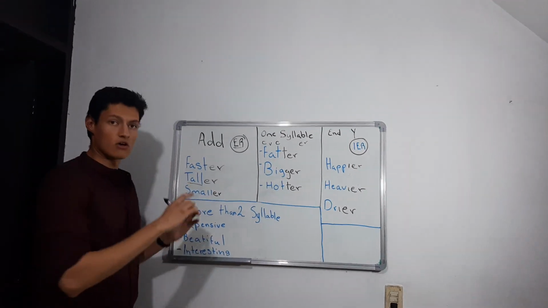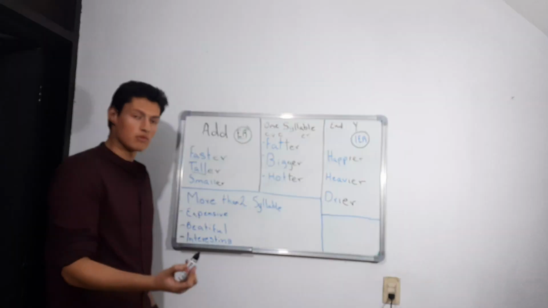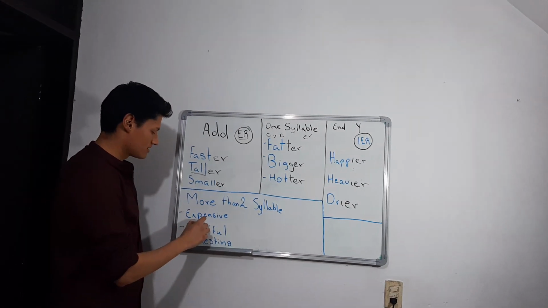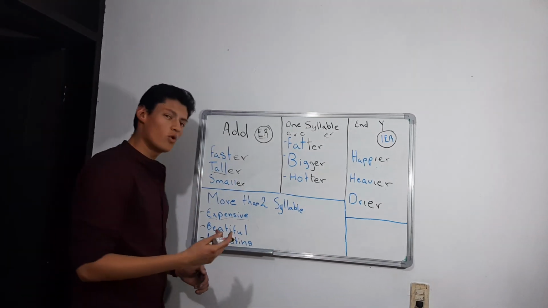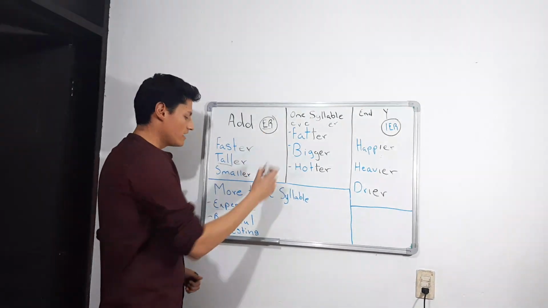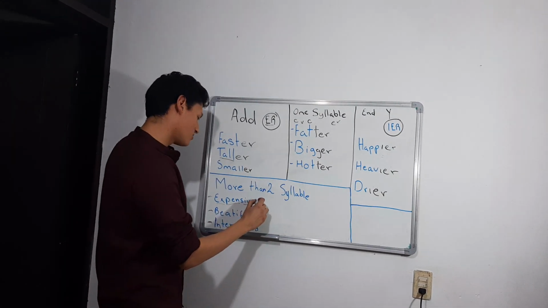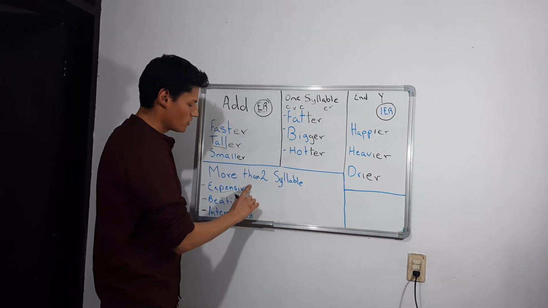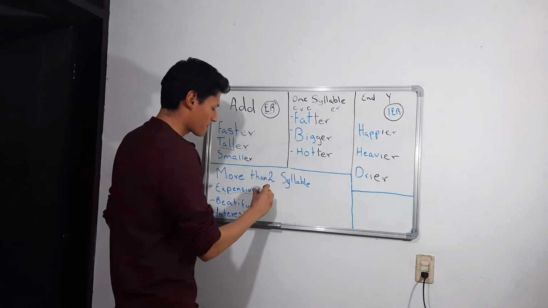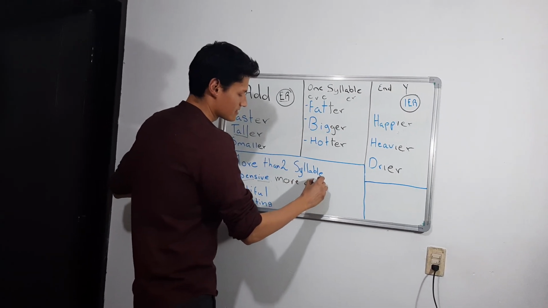We have other adjectives that are longer. When we have a really long word, a word that has more than two syllables, like expensive, instead of using the er, we don't do this. Expensive, no, that's wrong. We need to add the word more: more expensive.